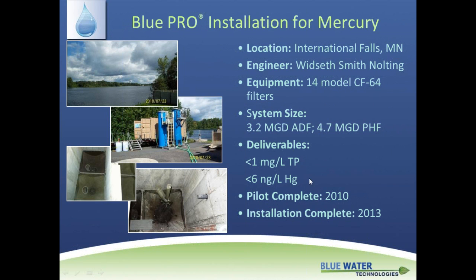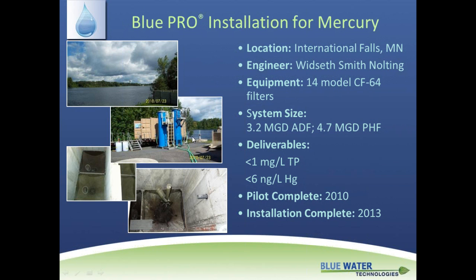Now the deliverable here, they had a phosphorus permit, but that wasn't really the key focus for this project because you can do that level of phosphorus removal in a clarification system. They needed to hit 1.3 nanograms per liter was their target for operations. And so they brought in the Blue Pro system.